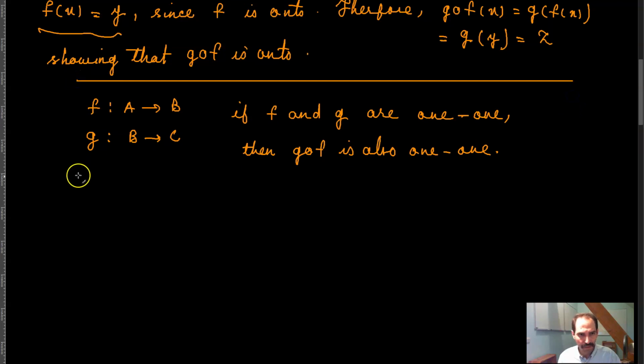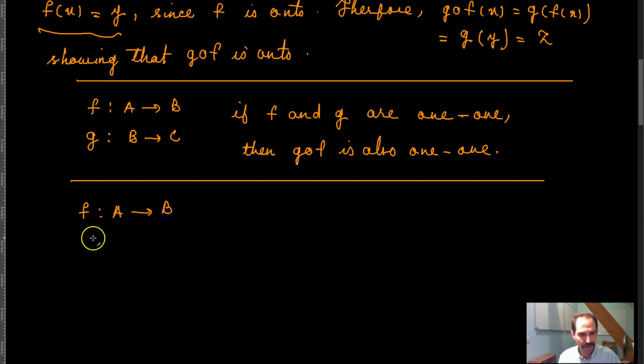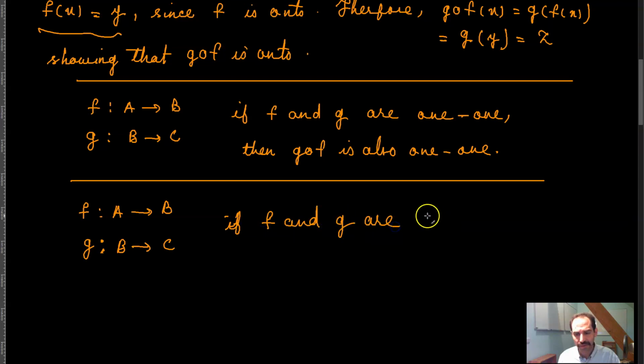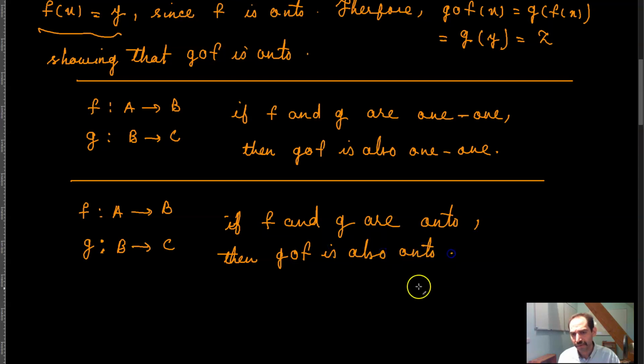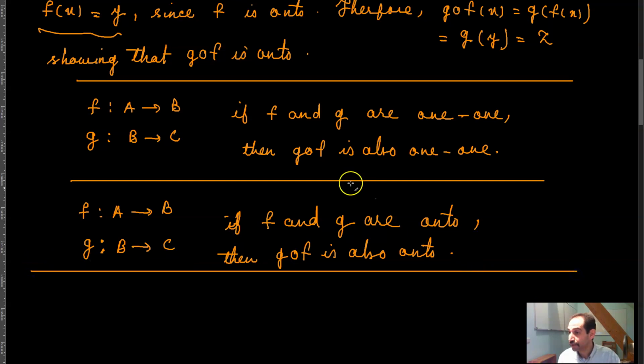Moreover, what we have also learned here is that if f is a function from A to B, and g is a function from B to C, and if f and g are onto, then g o f is also onto. So that was question number 18 and 19. Okay.